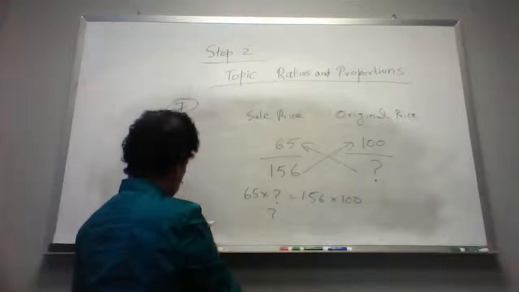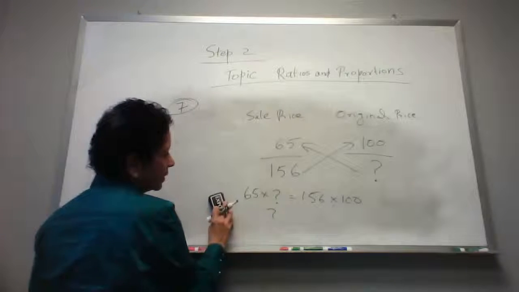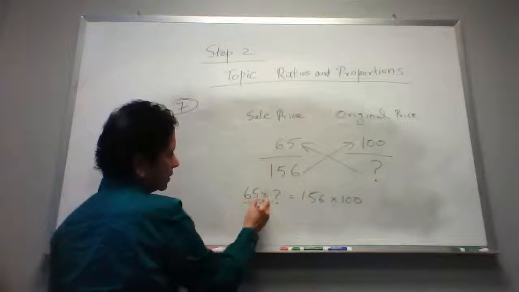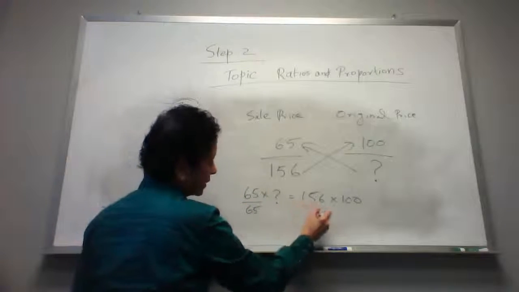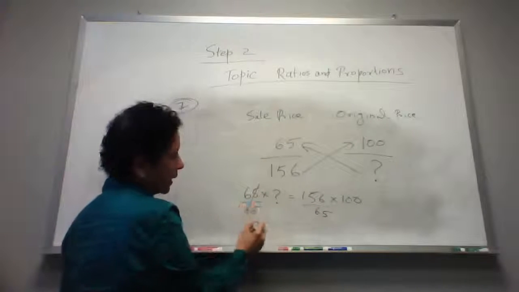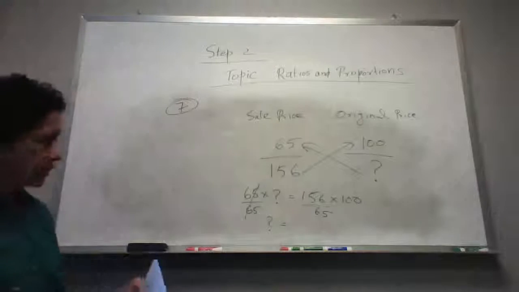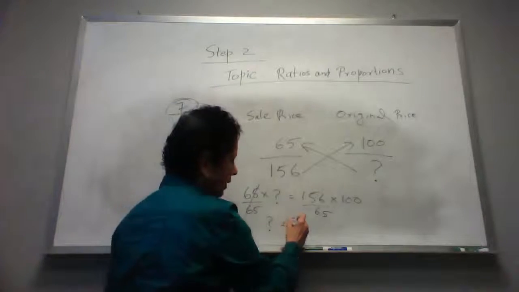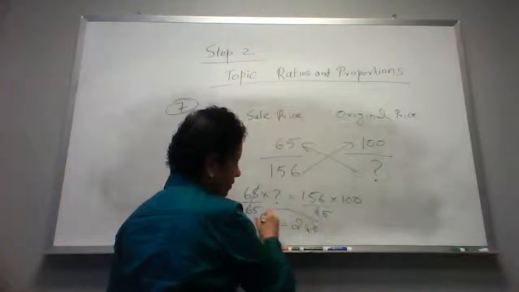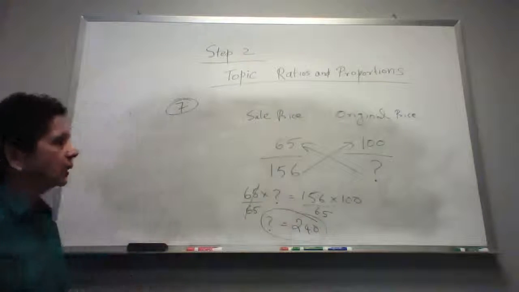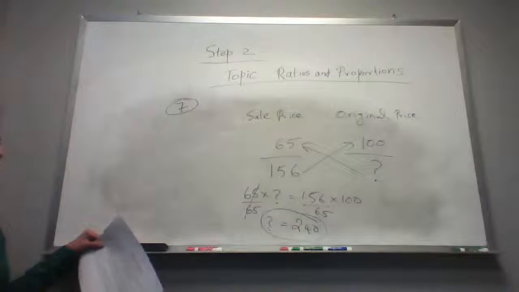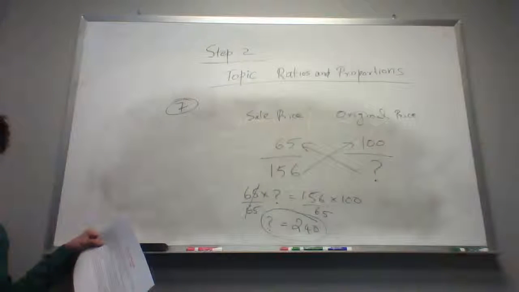So I don't want the 65, so all I need to do is divide both sides by 65. So this goes away. So the question mark equals, if you do it in the calculator, $240. Okay? So if the sale price is $156, the original price would have been $240.